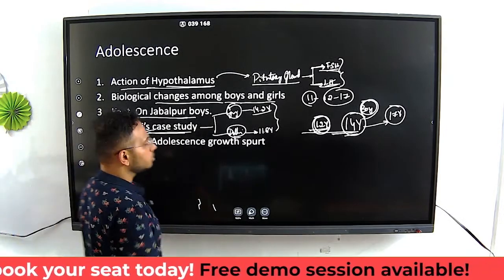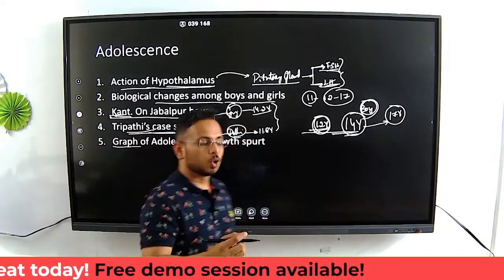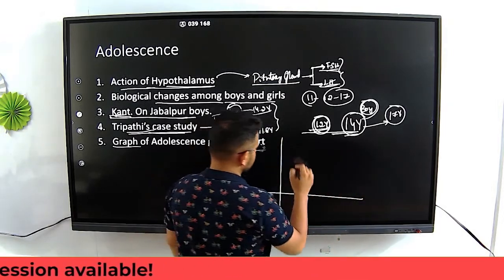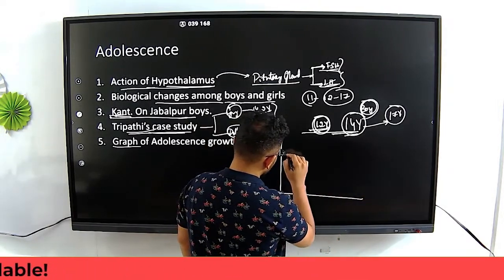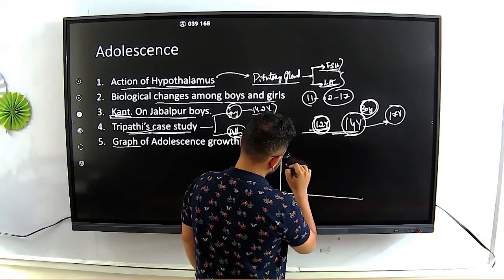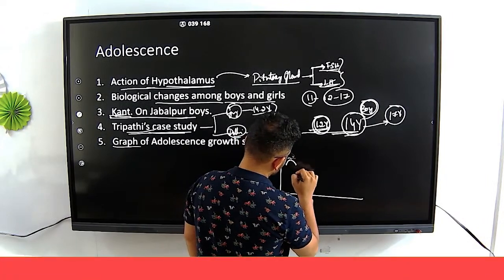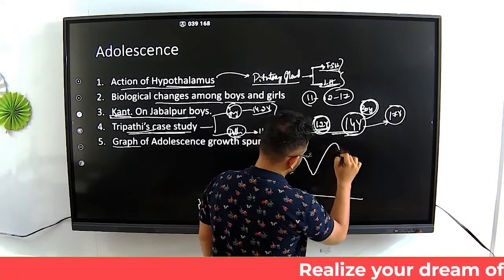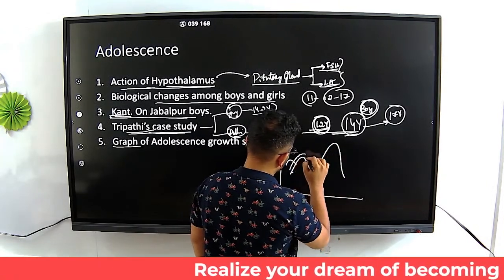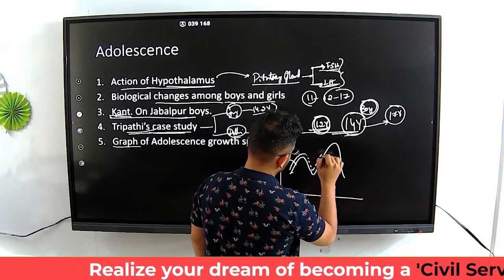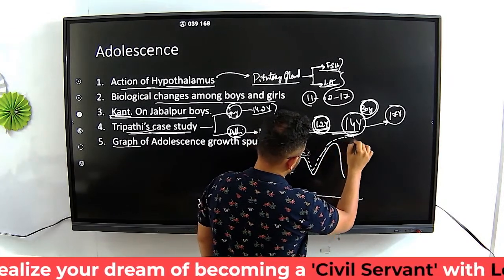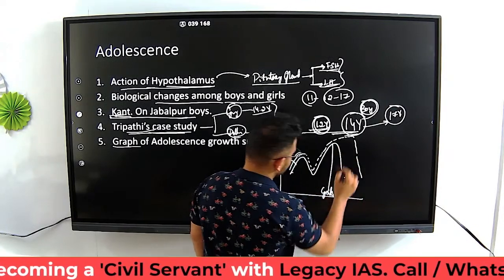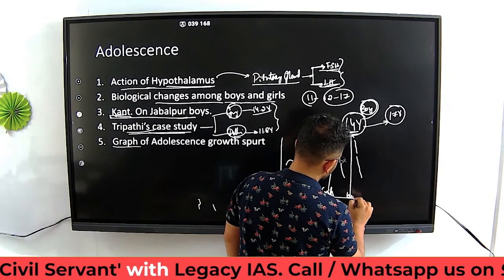Last, the graph of the adolescent growth spurt. See, the adolescent growth spurt graph looks something like this. This is for the girls and this dotted line is for the boys.